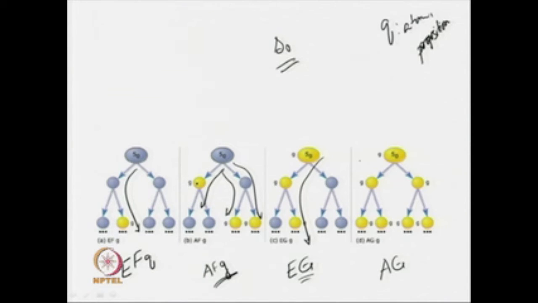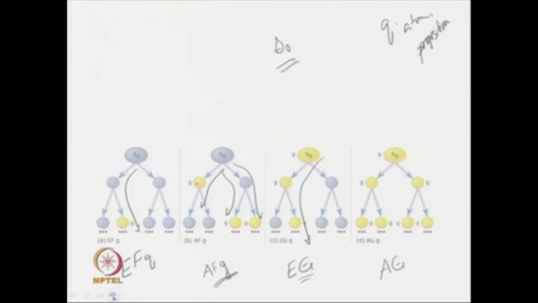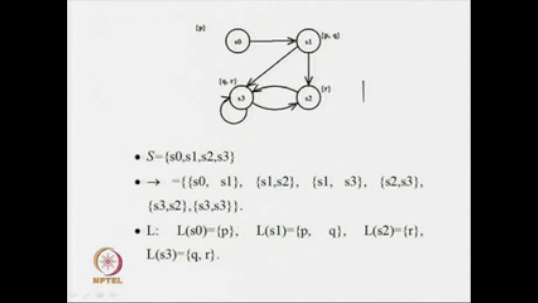Now, after defining the syntax and semantics of CTL formulas, we will see some examples to make it clearer before proceeding further. Consider this particular model M. A model has three components: first, the set of states; second, the transition relation; and third, the labeling function.